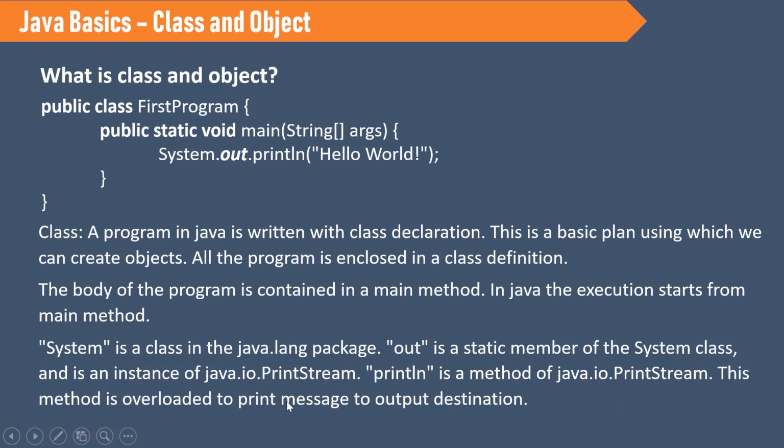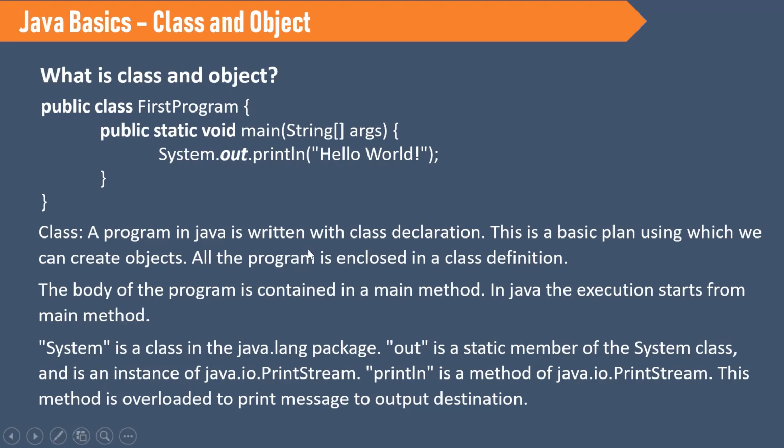This method is overloaded to print messages to the output destination. Right now you may not be able to understand what exactly this is, but once you cover a few topics in Java, then you will understand System.out.println. For now, just remember that System.out.println is used to print any value to the console. So this is what a class is.